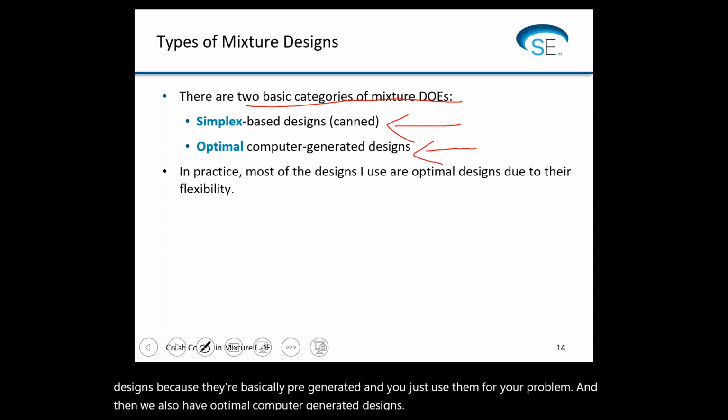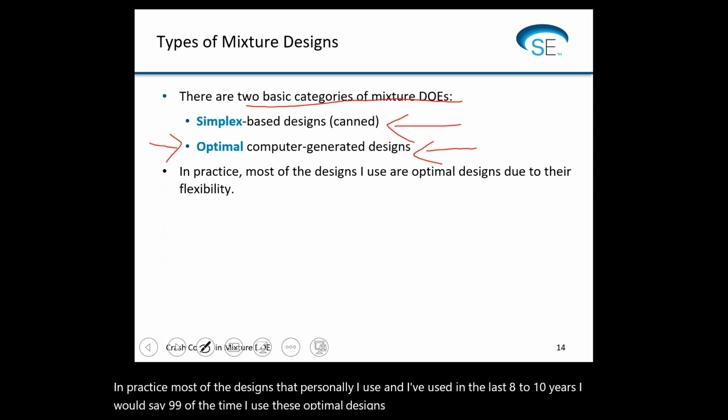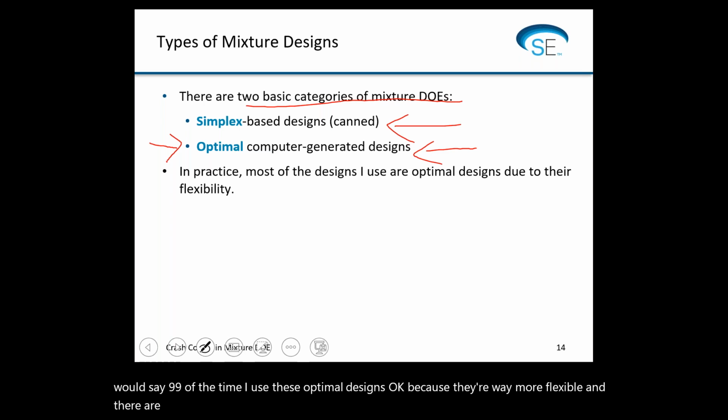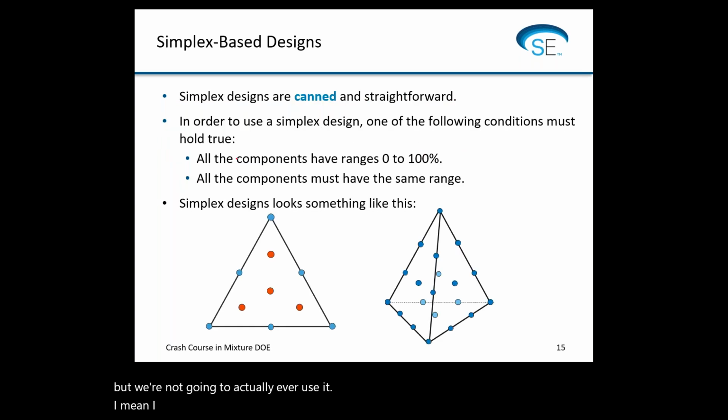In practice, most of the designs that personally I use, and I've used in the last 8 to 10 years, I would say 99% of the time I use these optimal designs, okay, because they're way more flexible and they're way more practical. So I'm just going to show you what a simplex design looks like, but we're not going to actually ever use it. I mean, I use them very, very little.